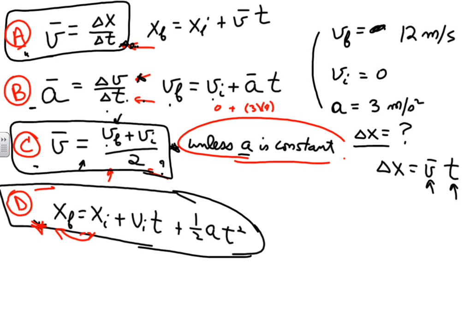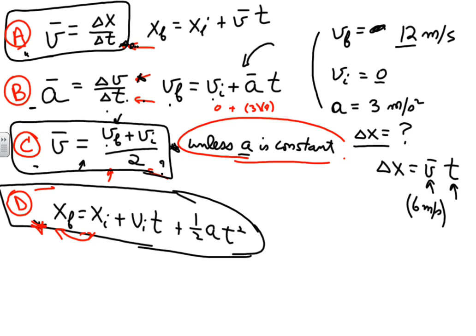So how do you find V average? Equation C. V average is 12 plus 0 divided by 2. So V average is 6 meters per second. How do I get the time? The time I can get from equation B. Change in velocity is 12.